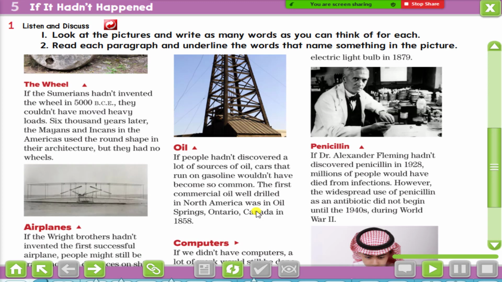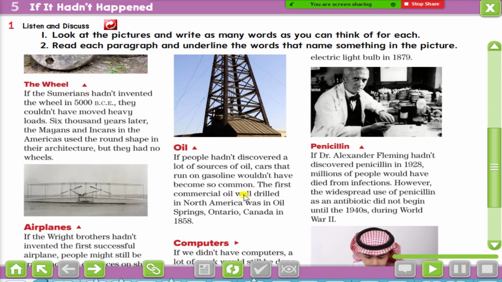Okay, thank you, Yusuf. Gasoline. You know gasoline. Gasoline is a liquid obtained from petroleum and used mainly for producing power in the engines of cars and trucks and so on. Here, the word well, in the first commercial oil well, is a noun.